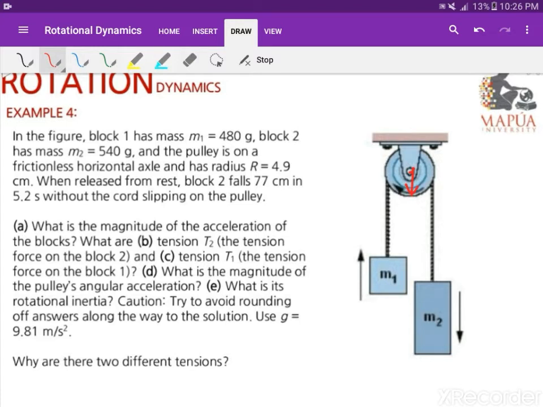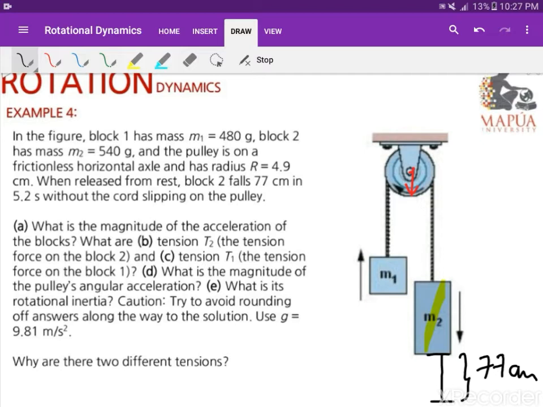So when released from rest, block 2, which has mass M2, falls down 77 centimeters in 5.2 seconds. So this is 77 cm in 5.2 seconds without the cord slipping on the pulley.